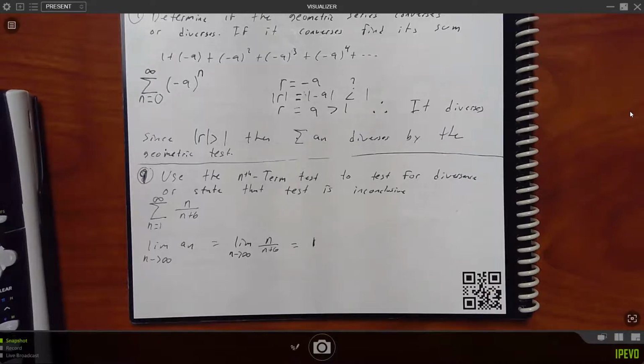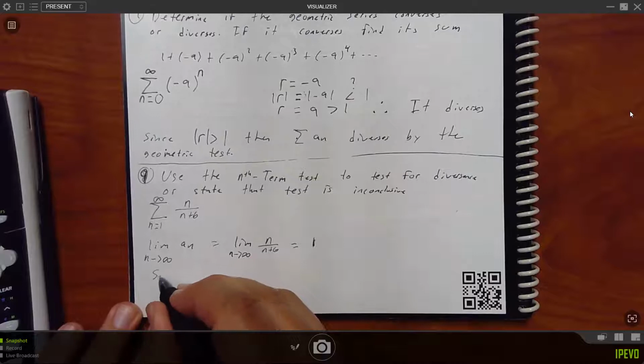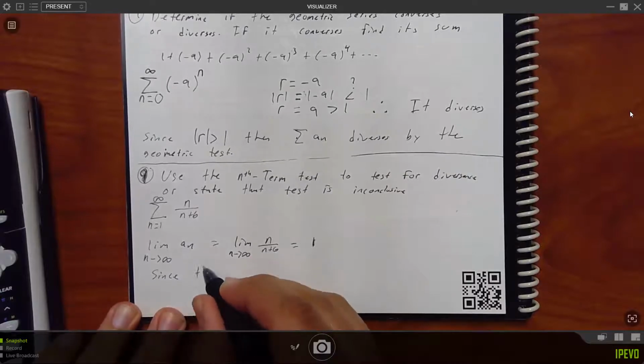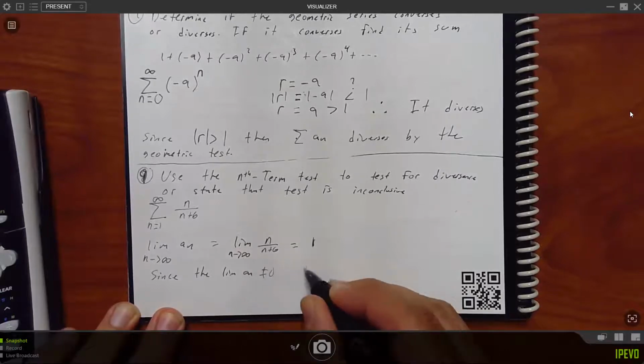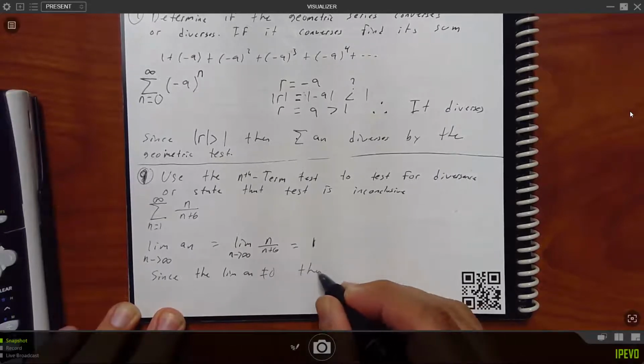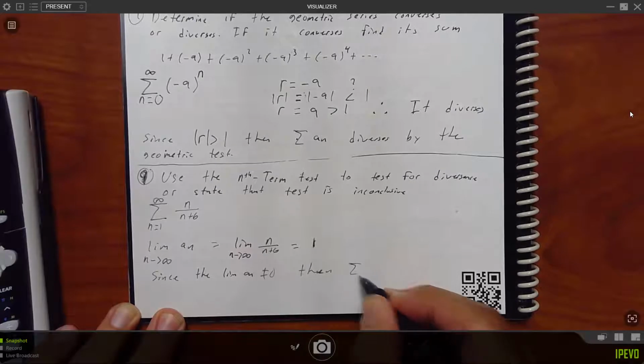So since the limit of a sub n is not equal to 0, then the series diverges.